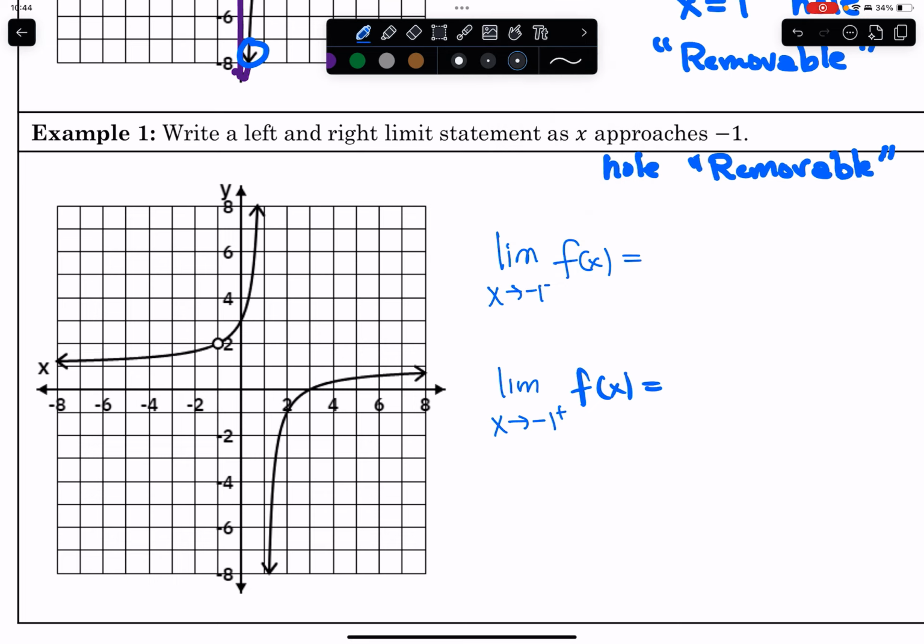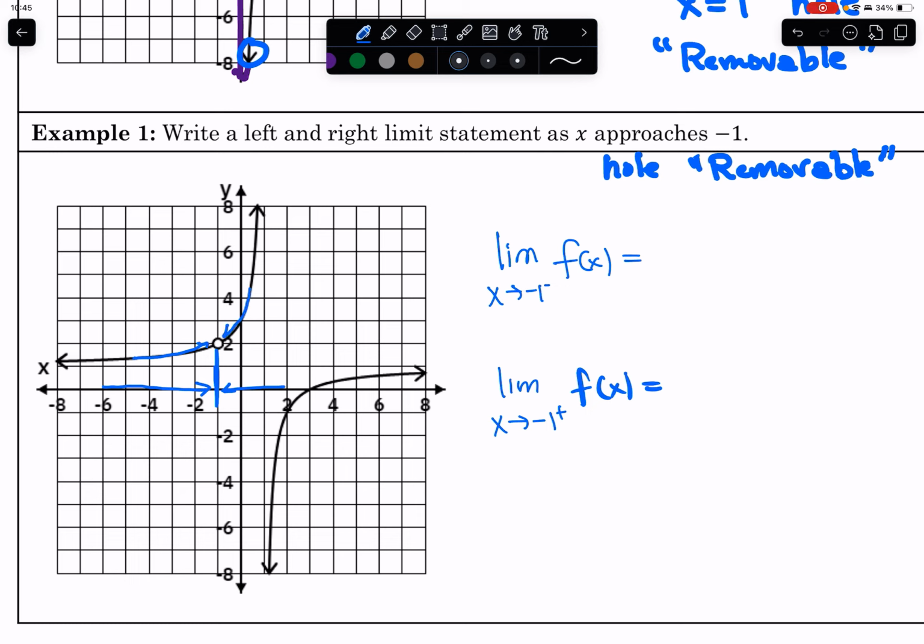So let's see what these graphs are going to look like. So we're going to approach again. This is where -1 is, and we're going to approach the graph from the left side and from the right side along this portion right there, okay?